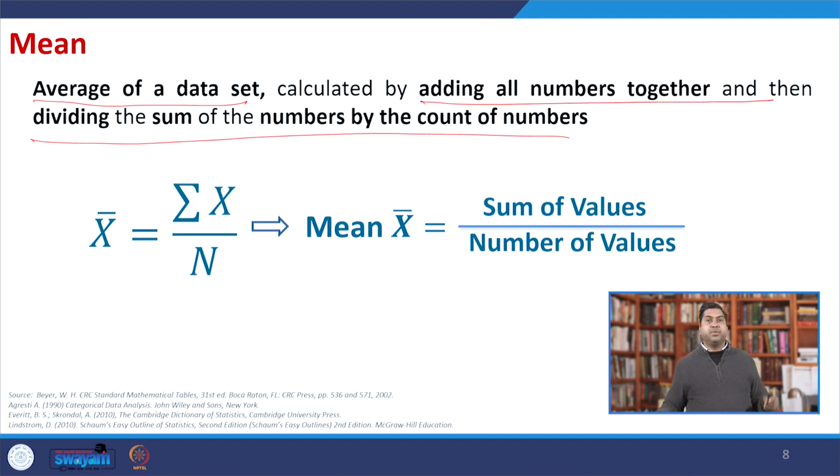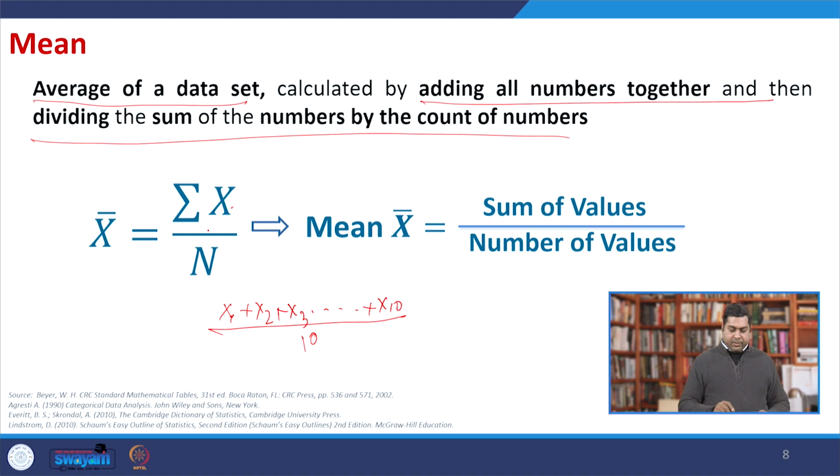Say, for example, if you have 10 observations, 10 values, first you have to add all 10 values. That is why it is the summation. So there should be x1 plus x2 plus x3 like this, and finally you have the x10 value, divided by 10. So, this is simple mean.